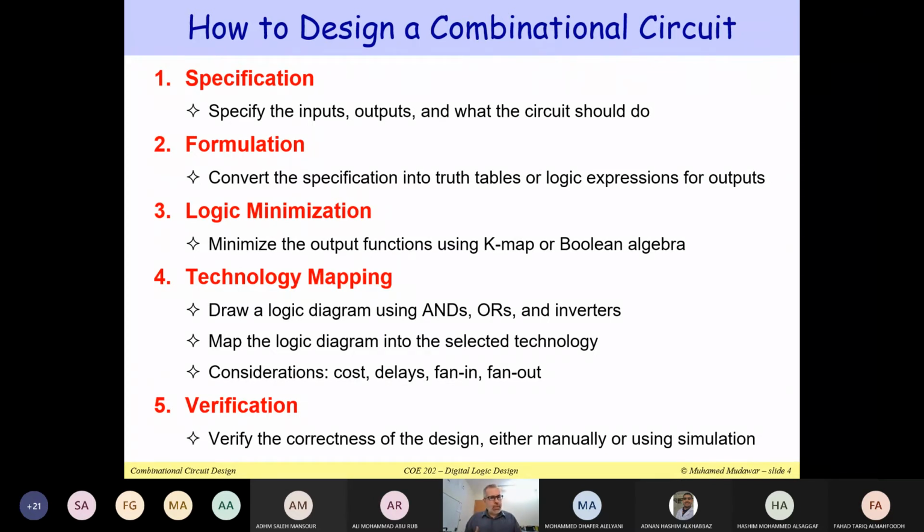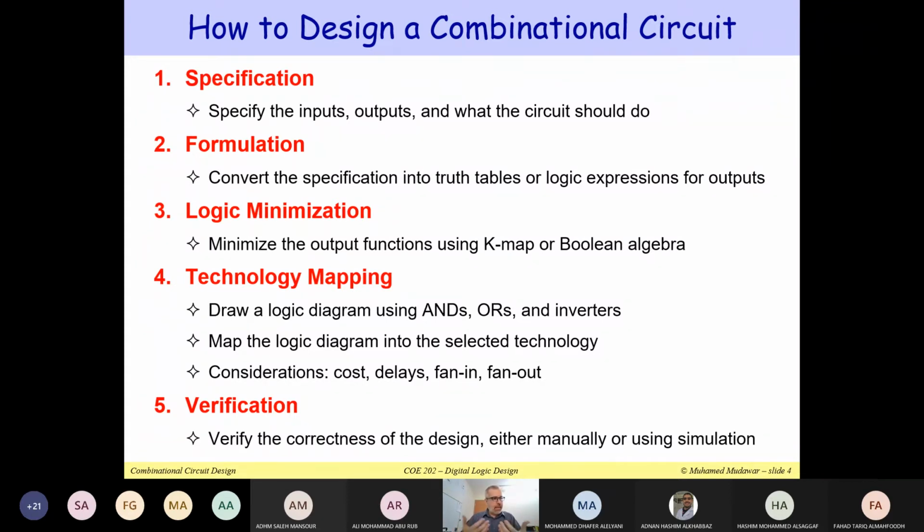What you need to do is logic minimization. This will be step number 3, like we have done before. You can use the Karnaugh map, you can also use Boolean algebra, or you can combine them, to minimize the output functions. So you need minimal expressions for the outputs. This is step number 3, which is logic minimization.